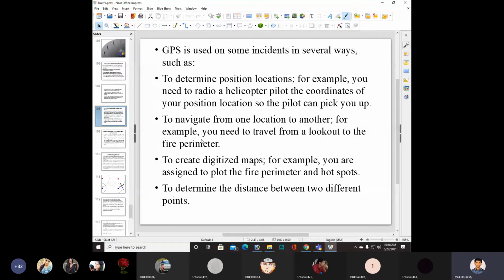For example, you need to travel from a lookout to the fire perimeter.